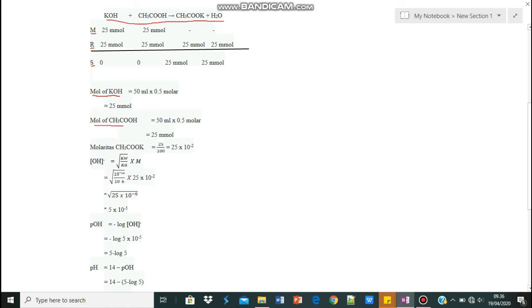For acetic acid, 50 ml times 0.5 molar equals 25 millimole. Because calcium hydroxide and acetic acid react so that they are depleted, only salt is left to form, 25 millimole.